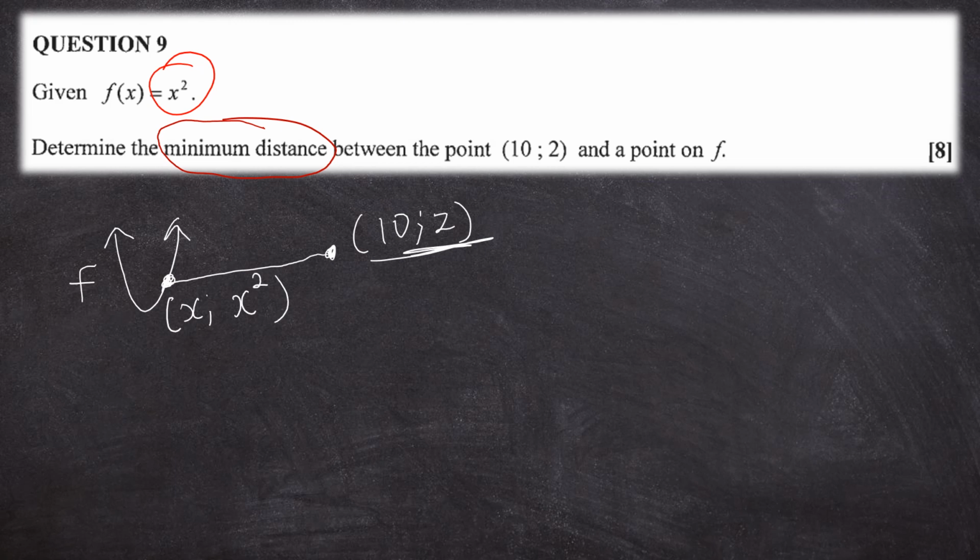First step, you get an expression of something that you want to minimize or maximize, right? So you get an expression in terms of a variable. In this case, we're going to use x as our variable, because there's another point which is already written in terms of x that we just created in our function there. So the first step is you create a mathematical expression or equation for something that you want to minimize.